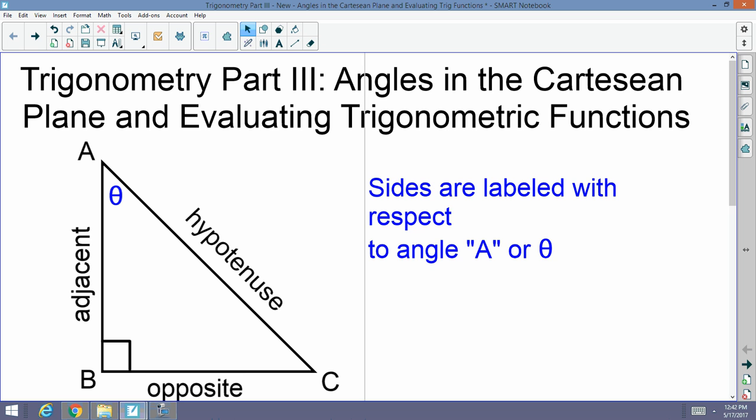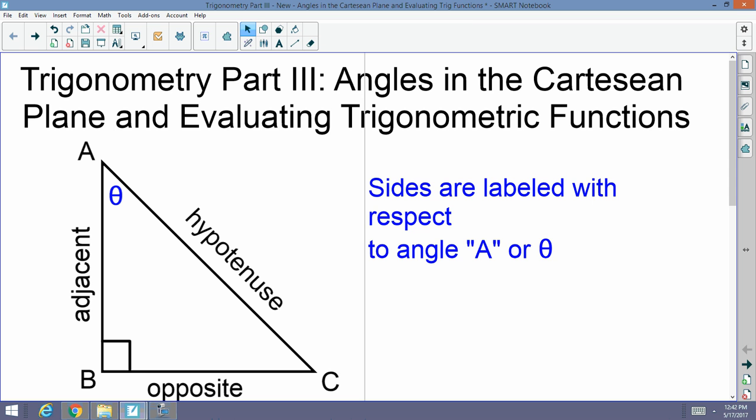So first off, this first slide, very simple. We have seen this before, but let me make sure I explain it perfectly. Whenever we have a right triangle and we're working with trig, we're going to be working from one angle, usually called my reference angle. That's where I'm coming from. That's the angle that I'm using to calculate different trig functions.